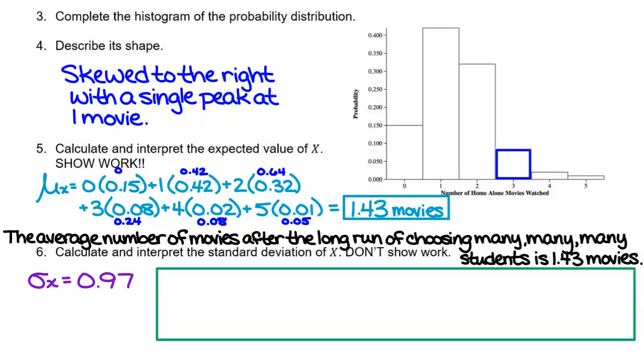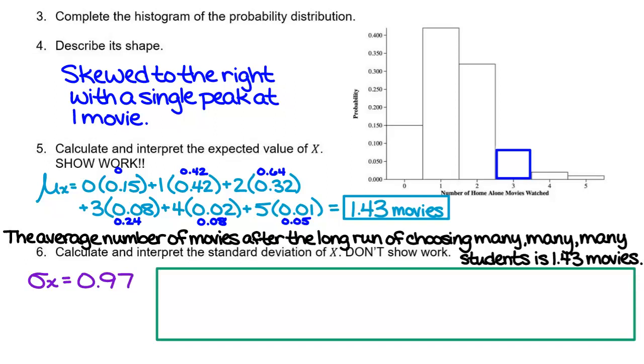What does that 0.97 mean? The amount of movies watched or the number of movies watched, same thing. What'd you say? I still can't hear you. Something about the mean, yes.